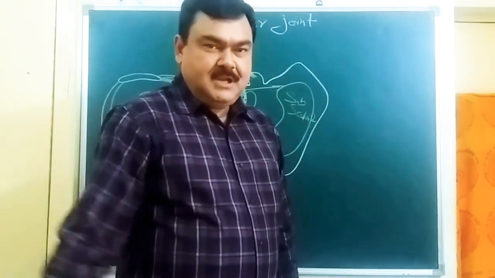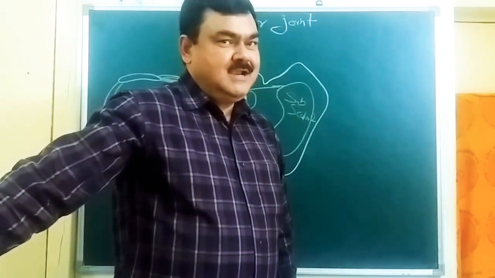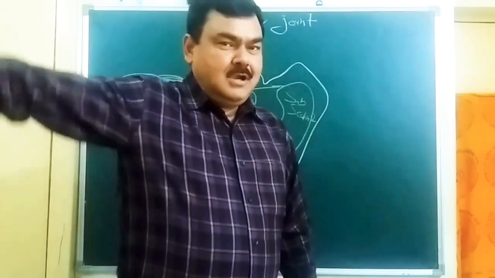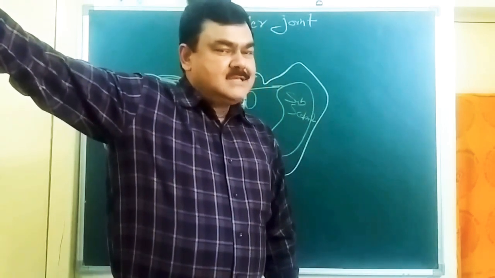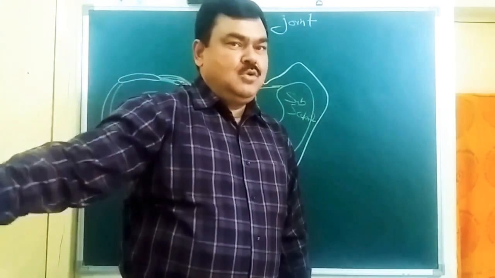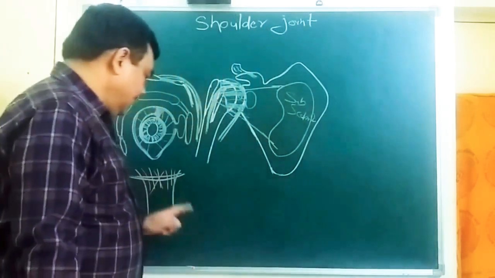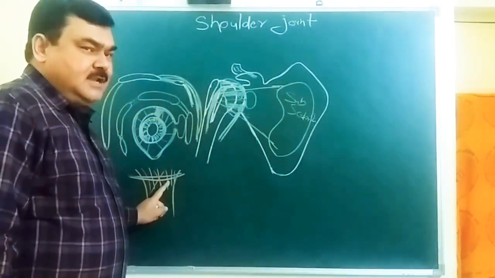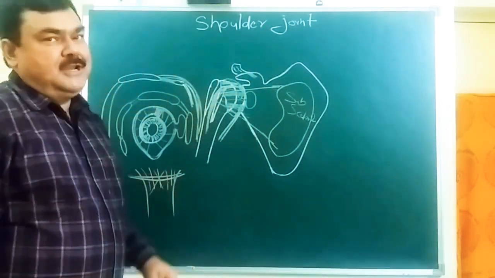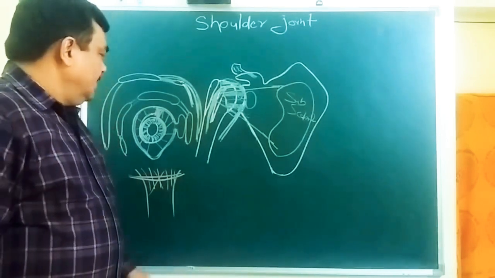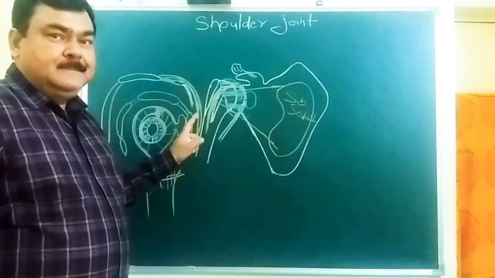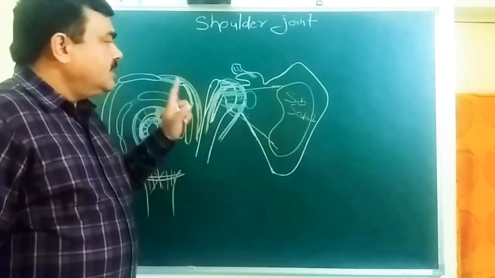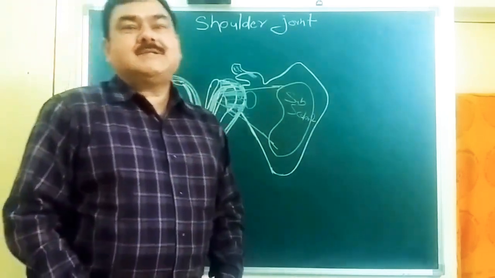And from 0 to 15, supraspinatus; 15 to 90, deltoid. So abduction between 15 to 90 degrees becomes affected due to injury of the axillary nerve. So this is about the shoulder joint. Now movements at this shoulder joint.